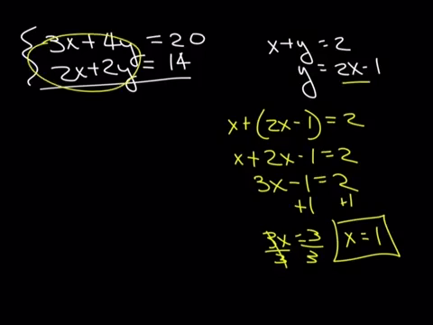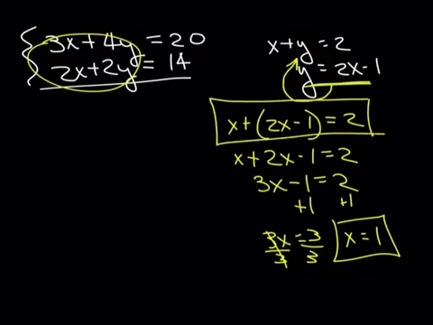What I did is I looked at one equation, and if y equals 2x minus 1, then I put that 2x minus 1 there, and was able to solve for x, because what happened? When I substituted for y, I changed it to one equation with one variable. The y disappeared. We substituted 2x minus 1 for it.